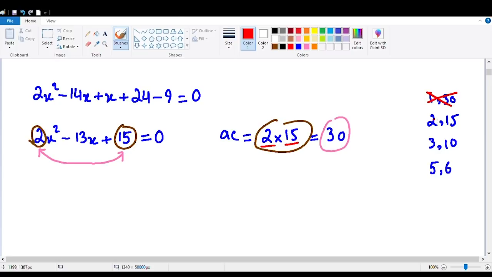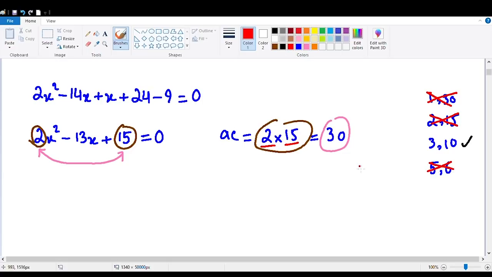Now 2 and 15, 2 plus 15 will be 17, and minus 2 minus 15 will be minus 17, so that's not going to work either. 3 plus 10 will be 13, but we need a negative, so if we have minus 3 minus 10, which will be minus 13, that will be the one that we're looking for, and that means that we don't need 5 and 6.